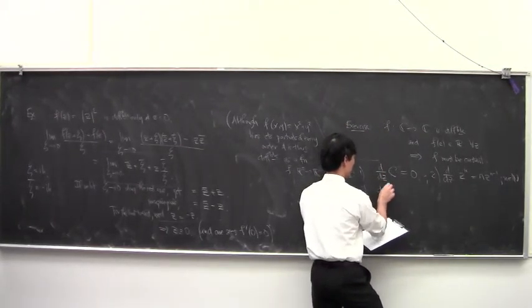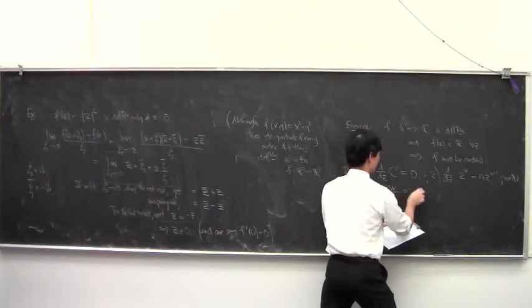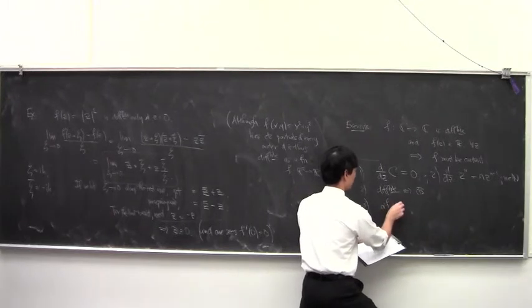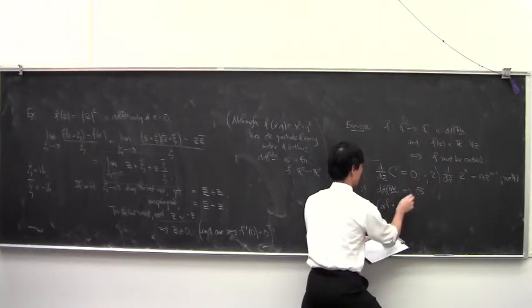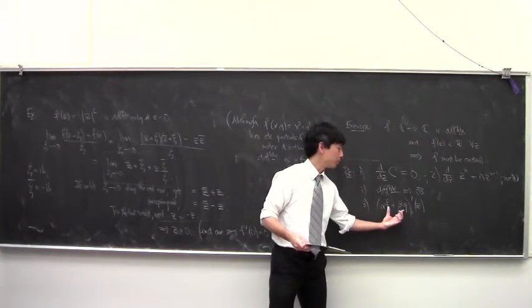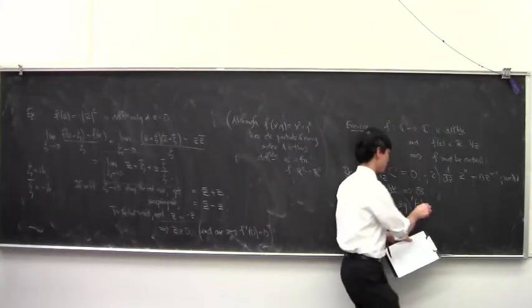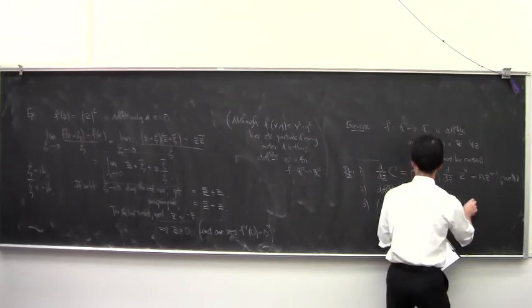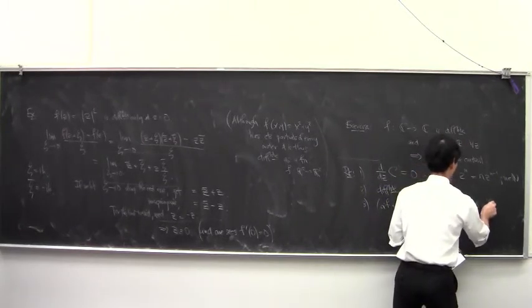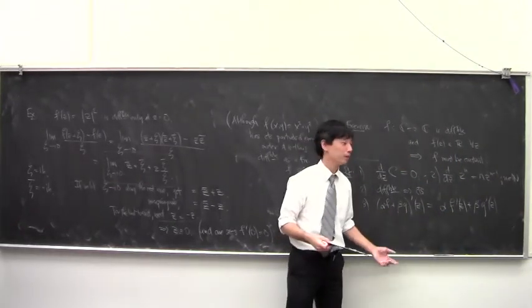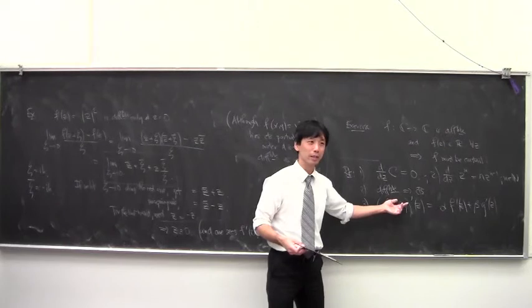Differentiable implies continuous. The derivative of a linear combination of functions is the linear combination of the derivatives of those functions, right? In other words, differentiability is linear.